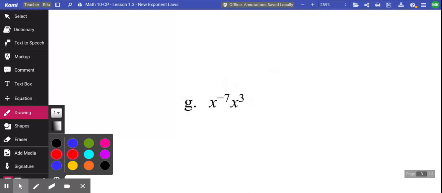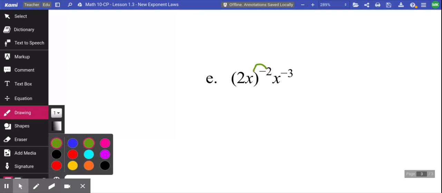If we look up here at E, the first thing we had to do was bring that negative 2 into the brackets. Remember, it goes to the exponent. So this would become 2 to the negative 2, x to the negative 2, and the other x to the negative 3 is still there.